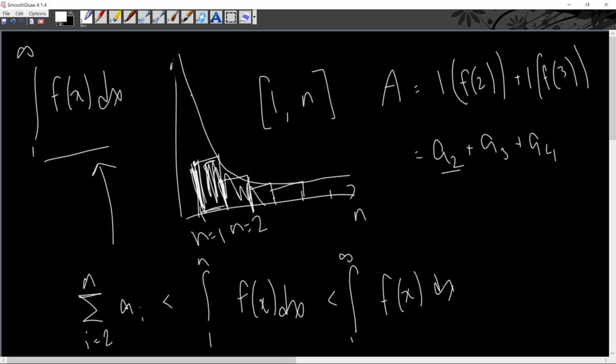Since our series starts at i equals 2, the reason that we started at 2 is, again, we know that it will be an underestimate regardless of what the f of 1 value is.